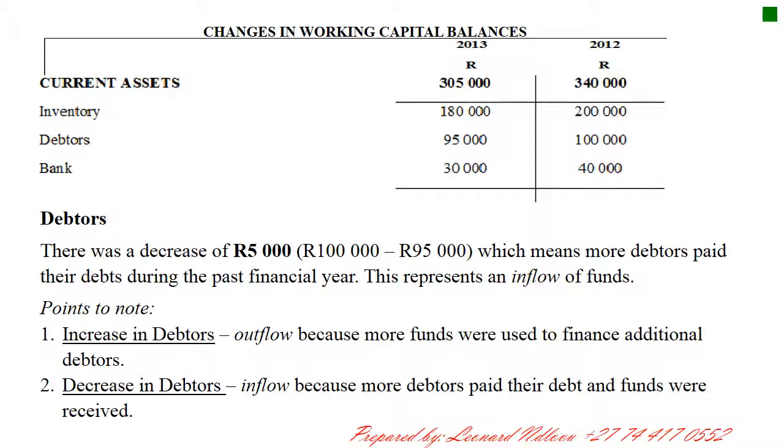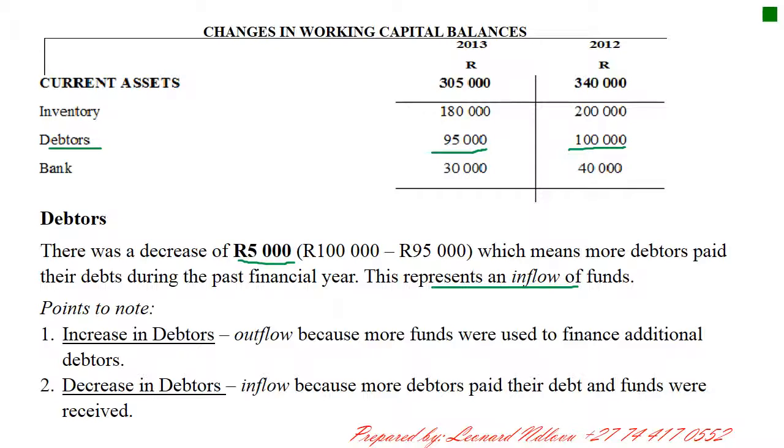We now look at debtors. There was a decrease of 5,000 from 100,000 to 95,000, which means more debtors paid their debts during the past financial year. This represents a cash inflow, that is, inflow of funds.